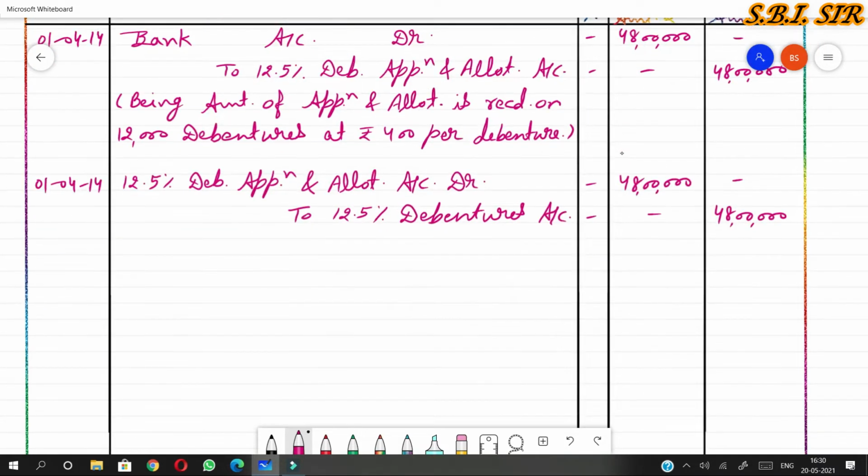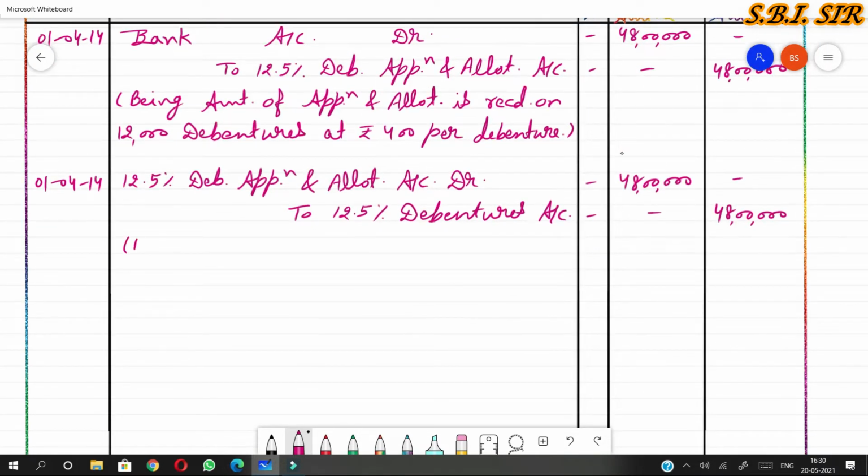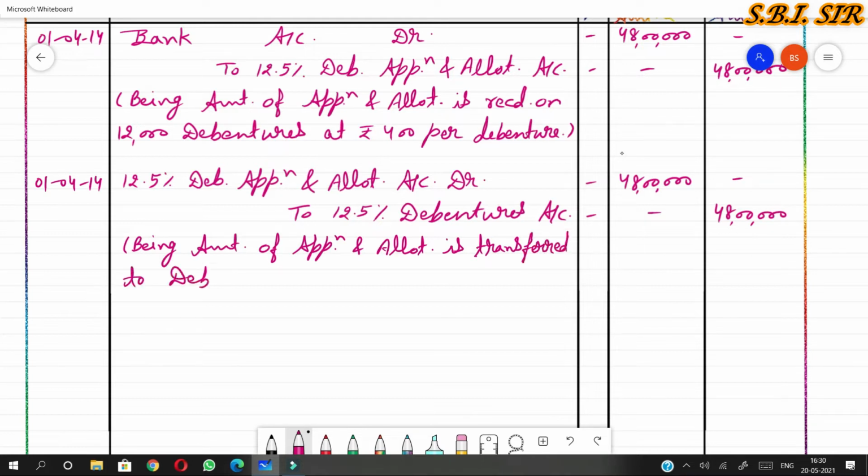Then narration being: amount of application and allotment is transferred to debenture account.